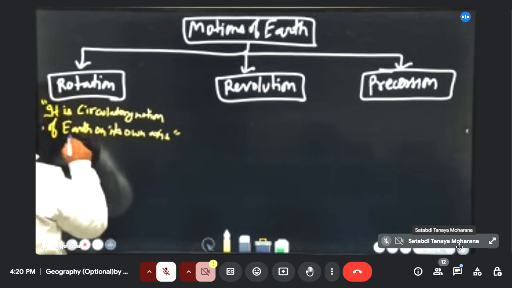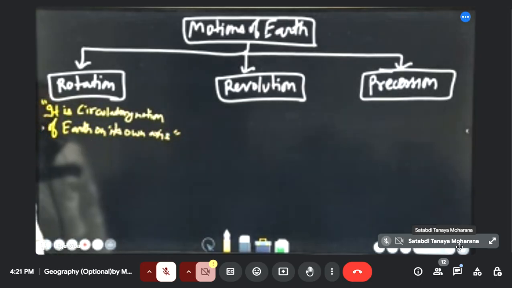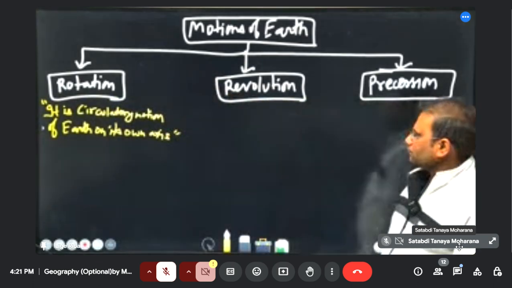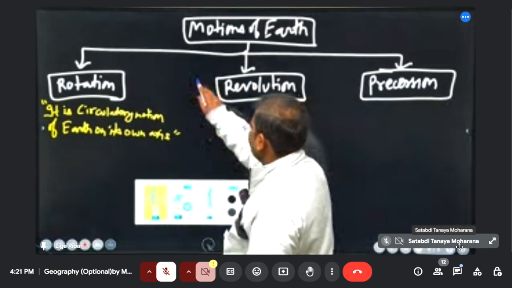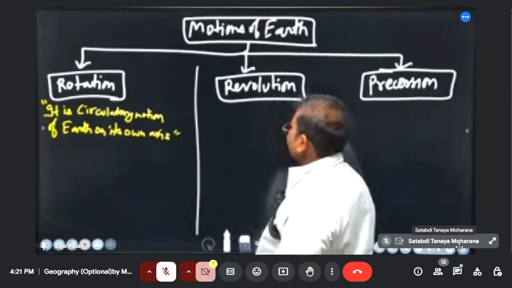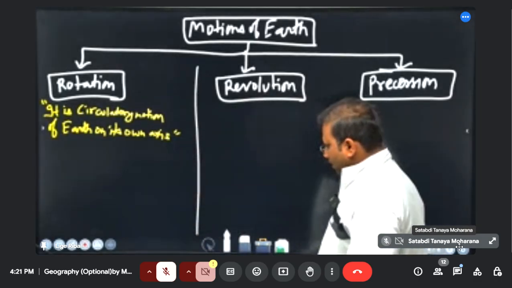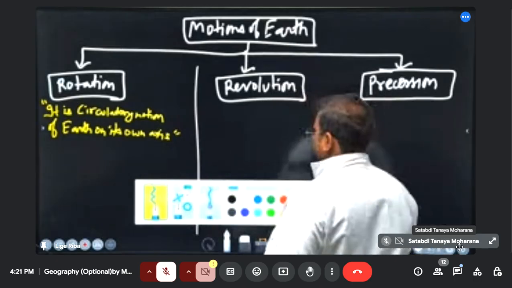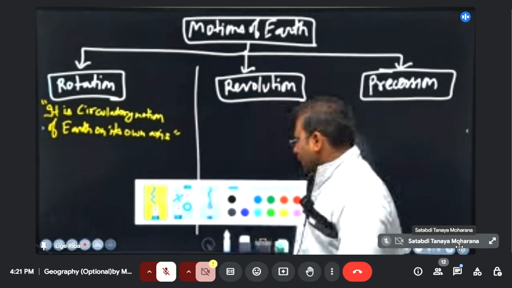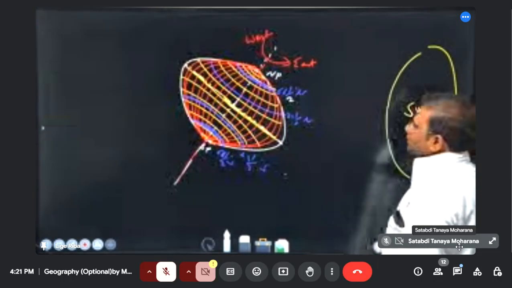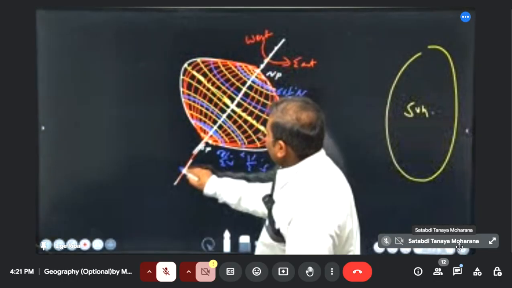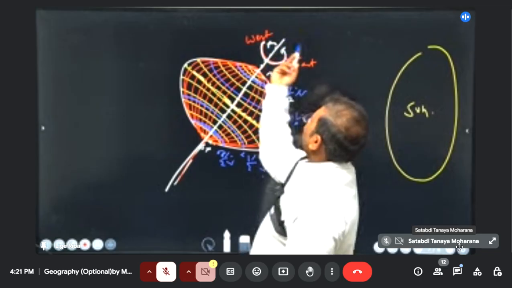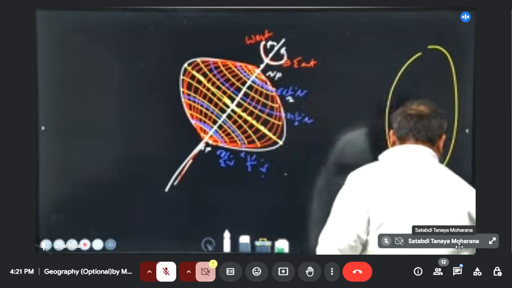This is rotation, right? Circulatory motion on its axis is rotation. A circle is made this way, but on its own axis. So this is earth, this is the axis of earth. So earth rotates this way, motioning this way on its own axis is rotation, right?